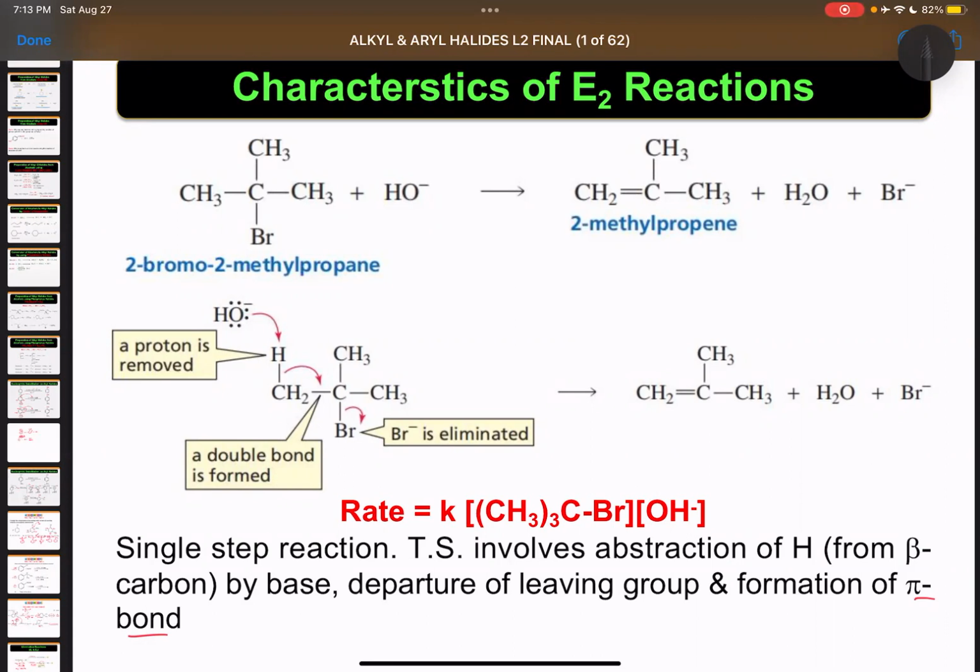Someone who attacks on carbon is known as nucleophile. But in this case, if you have taken heat and strong base, instead of attacking on carbon, it will come and join itself on the H plus. It will take away the H plus.